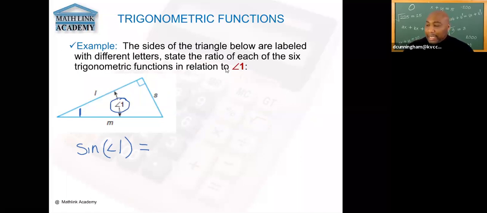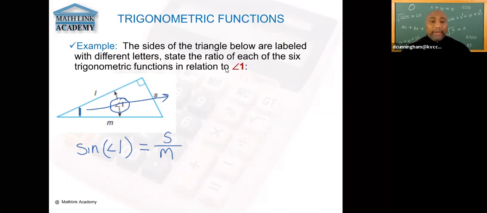The opposite side. So here's angle 1. The opposite side is S. It'd be S over the hypotenuse. In our case, our hypotenuse will be M. So that's how you do the first one. That'd be the sine of angle 1 is equal to S over M, knowing where angle 1 is.